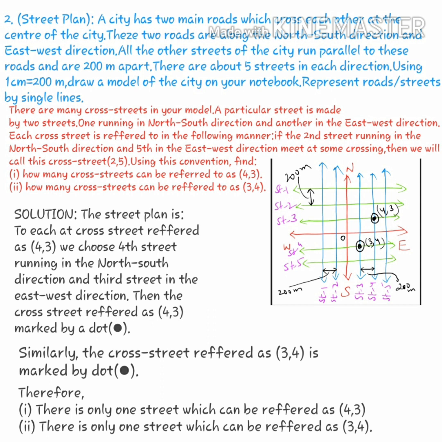In the end, we have to write about these 2 parts given. How many cross streets are there referred to as 4, 3? There is only one combination. So there is only one street which can be referred to as 4, 3. Similarly, there is one street which can be referred to as 3, 4. So this will be your final answer to question number 2.